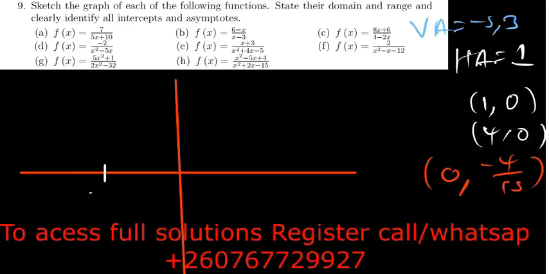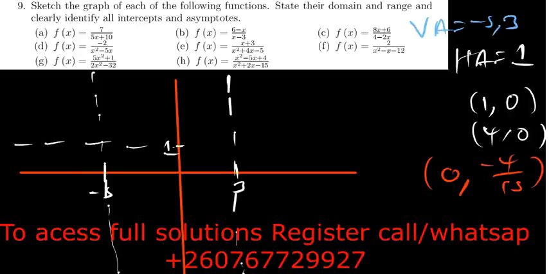I'll put negative 5 here and 3. The horizontal asymptote is at 1. I'll put 1 here. After putting 1, now we have our coordinates. We can put them there.